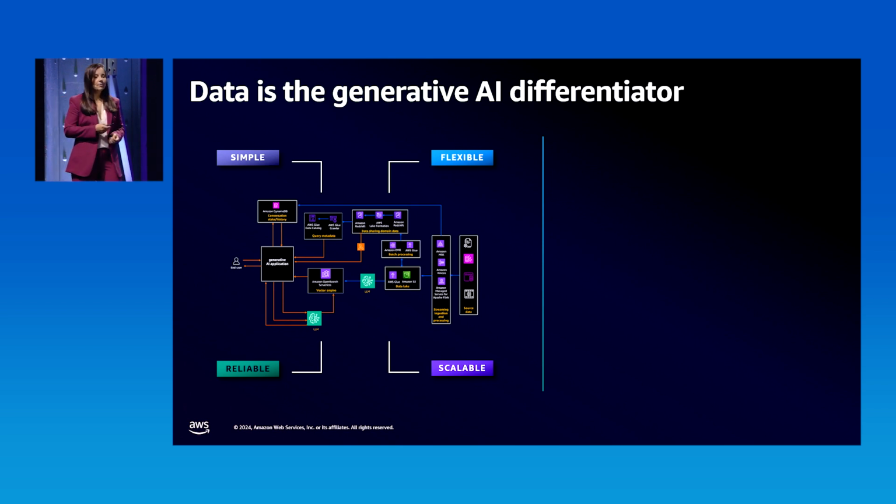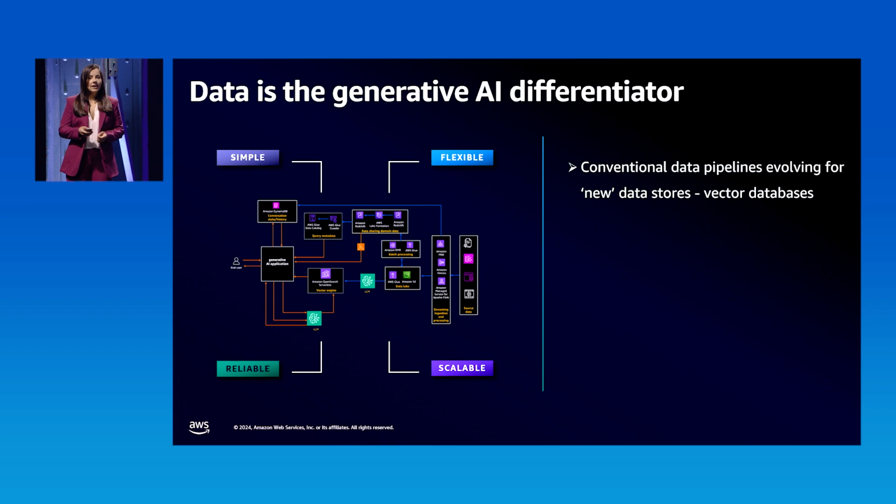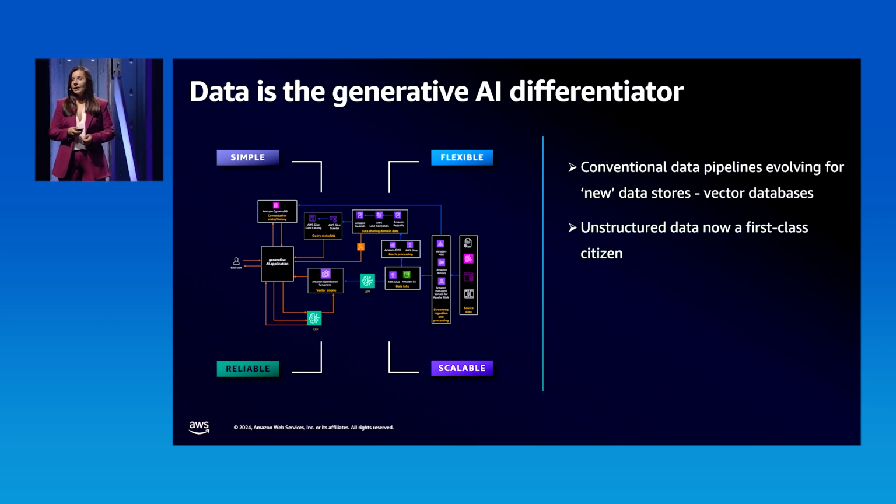An example here might be vector databases, which aren't a new concept per se, but really with generative AI applications, they are commonly used. Similarly with unstructured data. In the past, we've seen an explosion of unstructured data, but it was very hard to get insights from this data. With generative AI, with large language models, now it's easy.